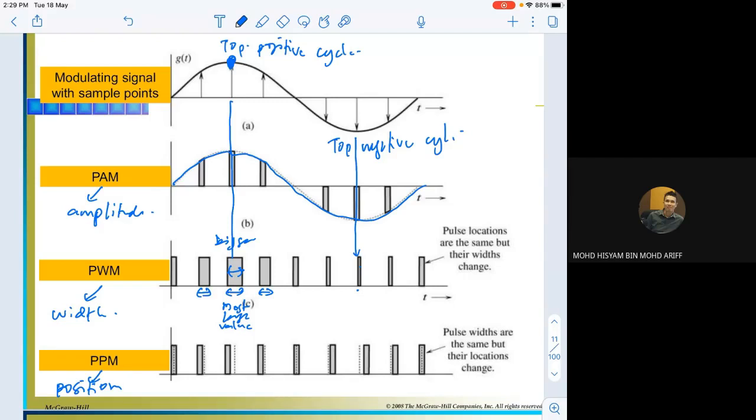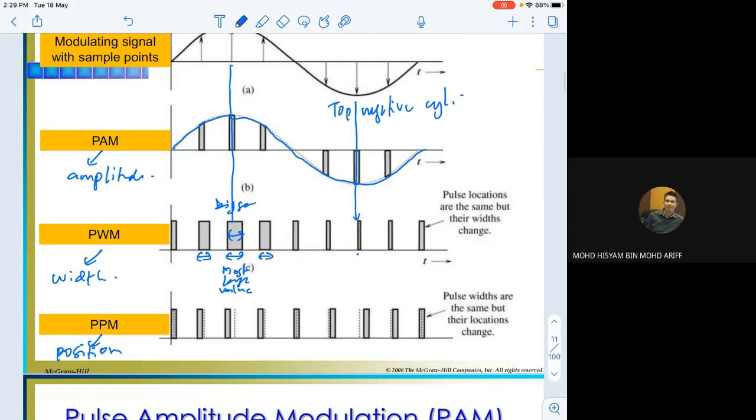For example, a chandelier, you want it brighter or dimmer. That one we use PWM. Later you will also see machines in factories using PWM and PPM.